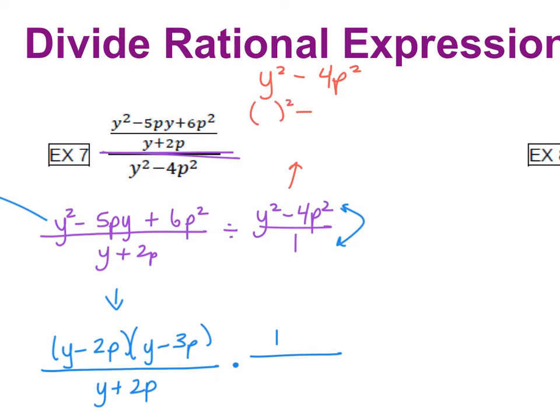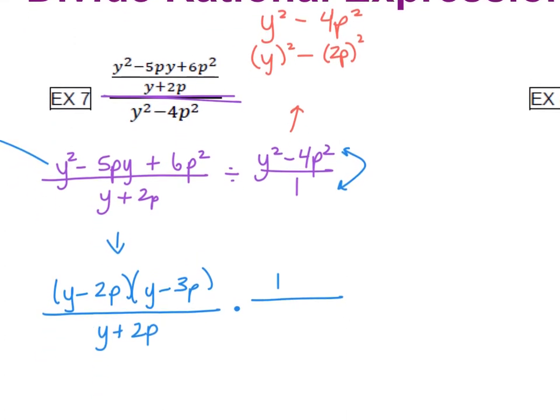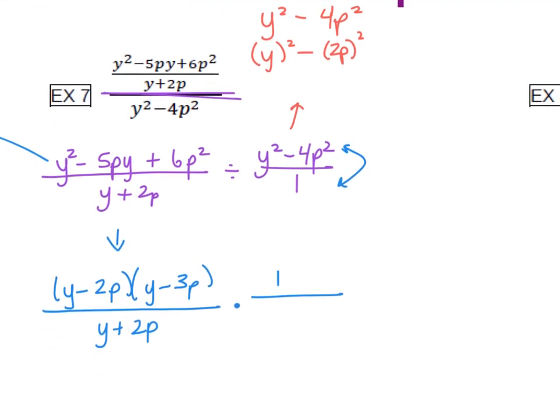Do we square anything to get that term? A y will work because y squared is y squared, and then a 2p will work because 2p squared gives you that 4p squared. So this is a difference of squares pattern. We're going to use the y and the 2p. We're going to have y plus 2p and then y minus 2p.